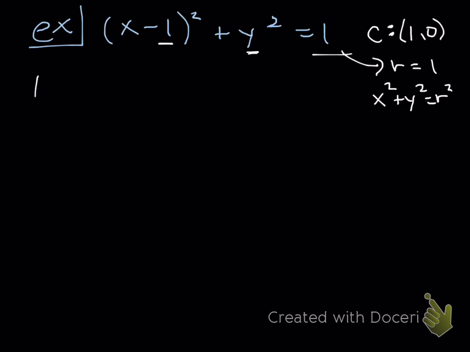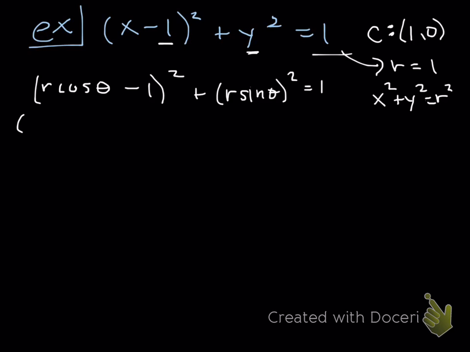So this will become r cosine of theta minus 1, the quantity squared, plus r sine of theta, the quantity squared, and this is equal to 1. So we know when a quantity is squared, I have to write it twice.